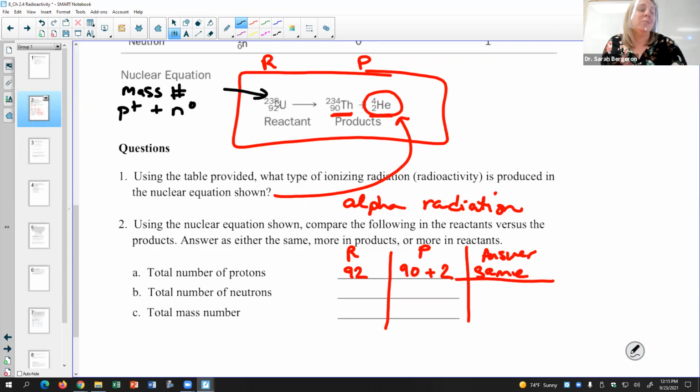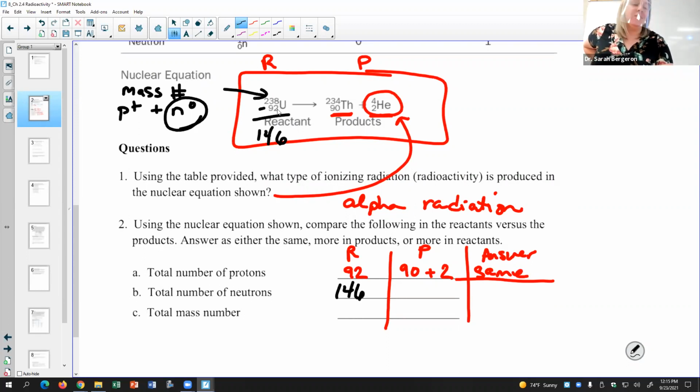So if I want to know my number of neutrons, what do I do? I subtract 238 minus 92, I get how many? 146, right? Okay, so I have 146 in the reactants.